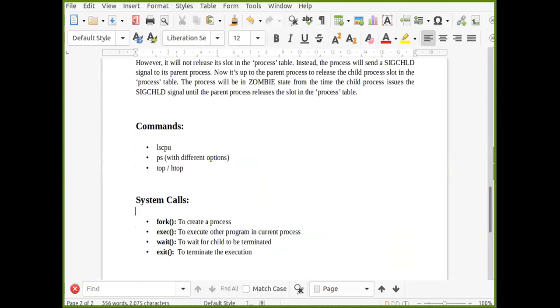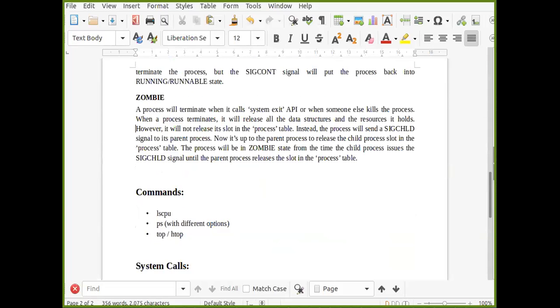And these are some commands that we will try to use to understand the processes. Let me try this.